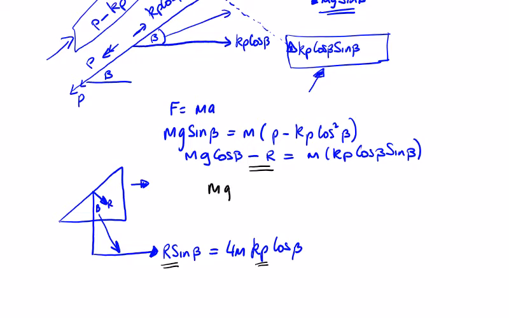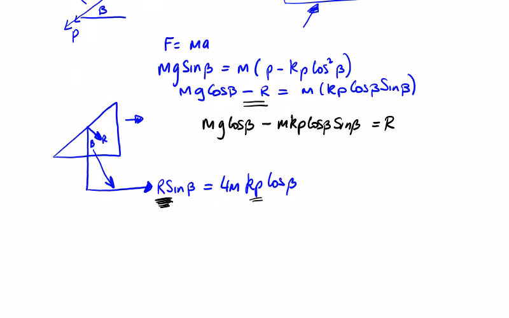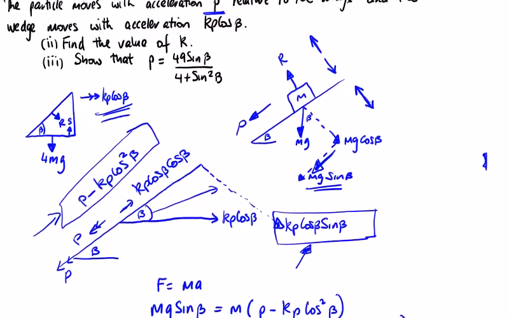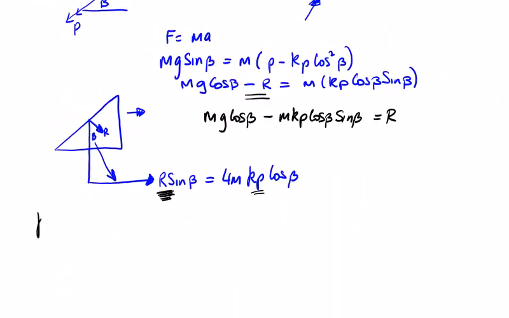So mg cos beta minus the other one, which is mkp cos beta sine beta, is equal to R. And then if we replace this R down here with that, we're going to get some crazy equation that we may be able to solve. And what are we looking for here? The value of k. Just keep that in mind. We're looking for k equals.